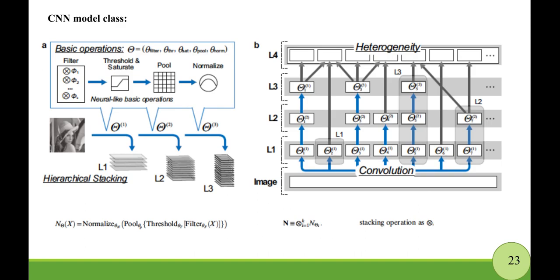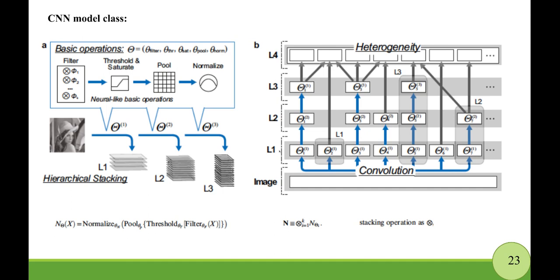So now going back to their proposed model, which is based on the CNN model class, and which I'm going to go through in detail. You can consider this the image. They have 4 layers, representative of V1, V2, V4, and IT.